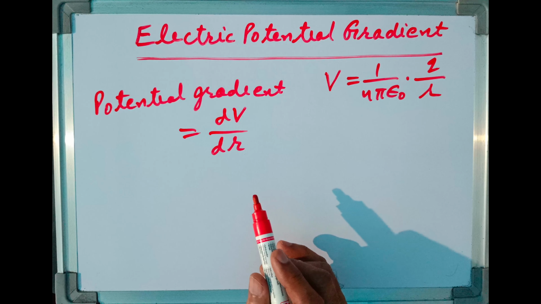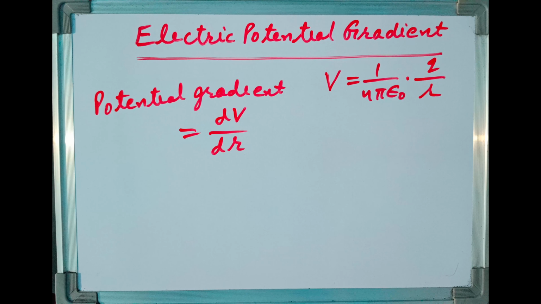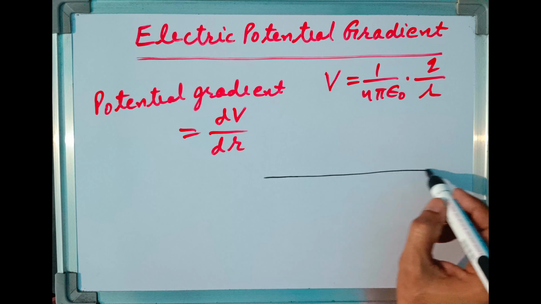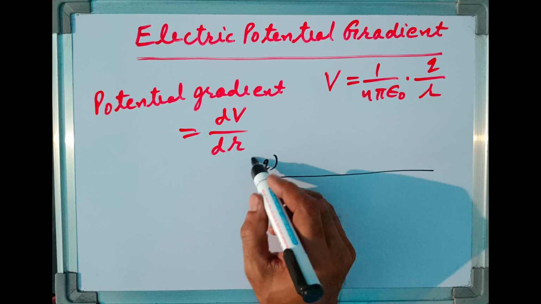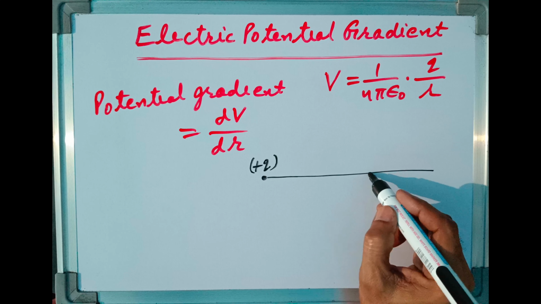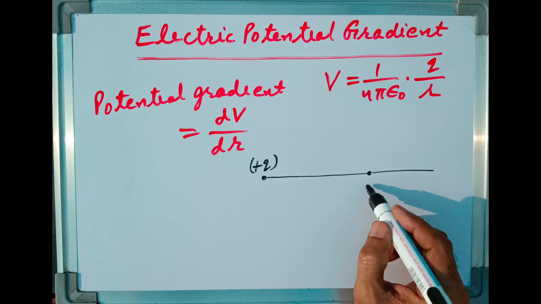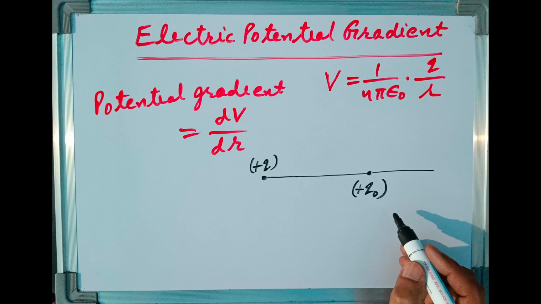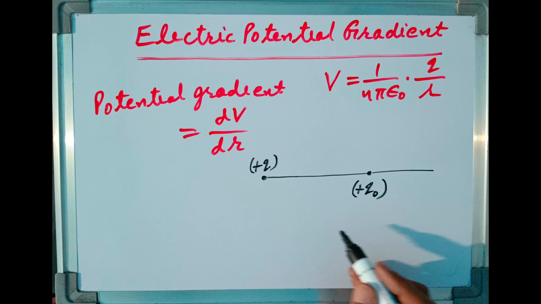Now we have to derive a relation for potential gradient. For that purpose, let me consider a source charge of magnitude plus q, sign positive, and let me take a point within its electric field where a test charge of magnitude q naught and sign positive is placed.